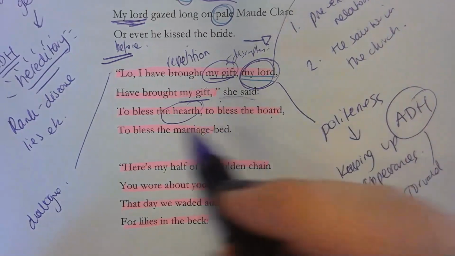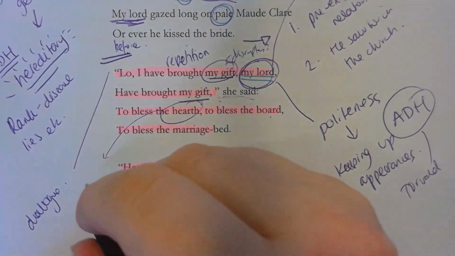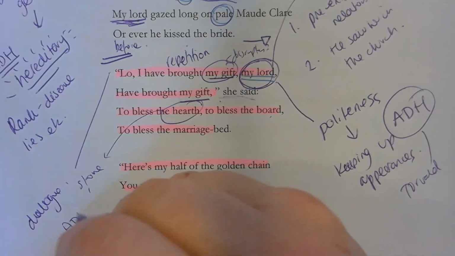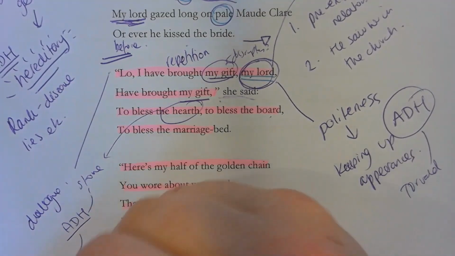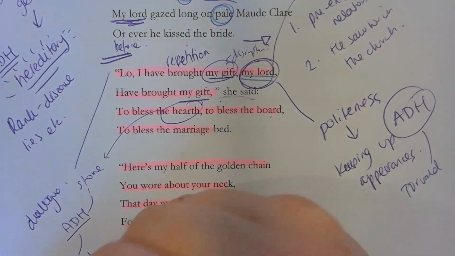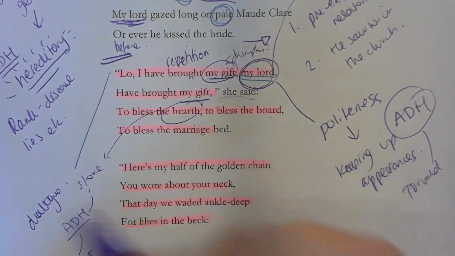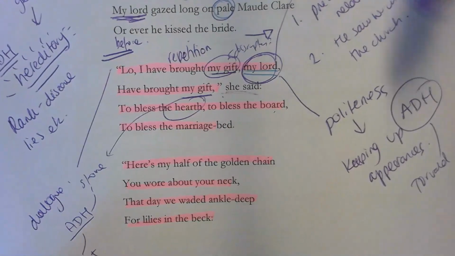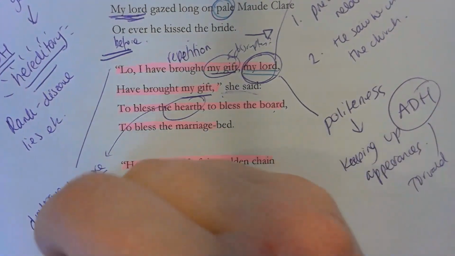Now, hearth is that link to the stove, which again is a key theme in A Doll's House. And this hint at the warmth and security of the family and the marriage.